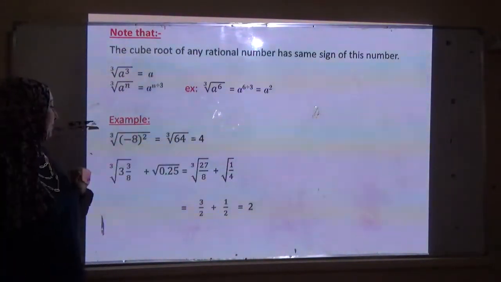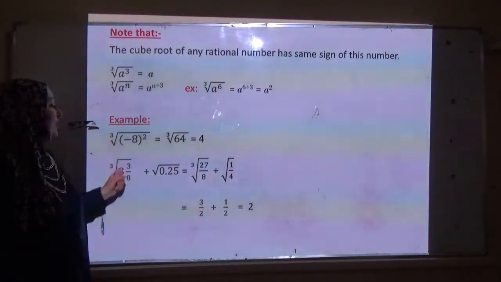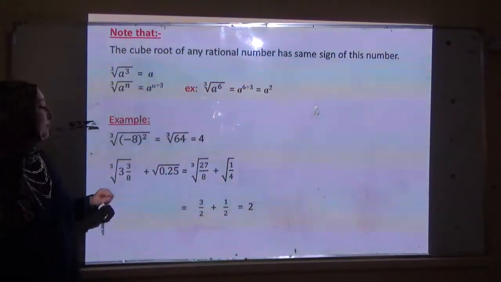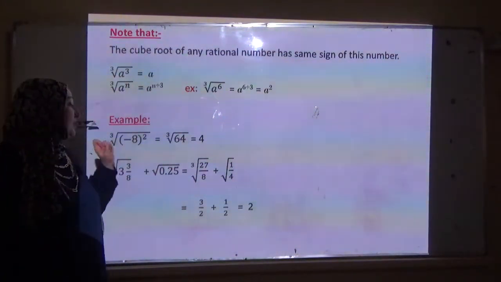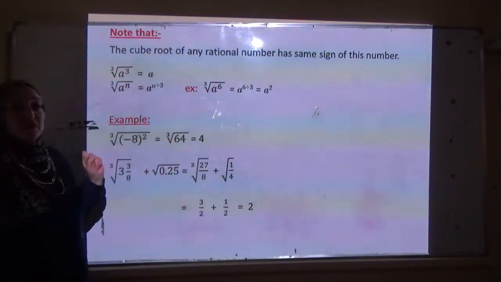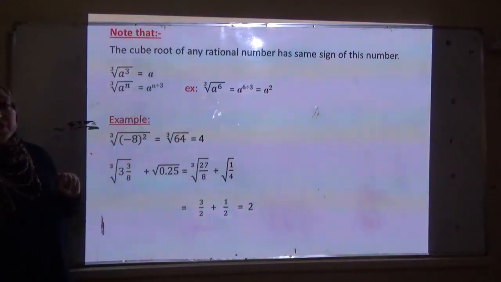Another example. Cube root of 3 and 3 over 8, it's a mixed number, plus square root, pay attention to this one, of 0.25.